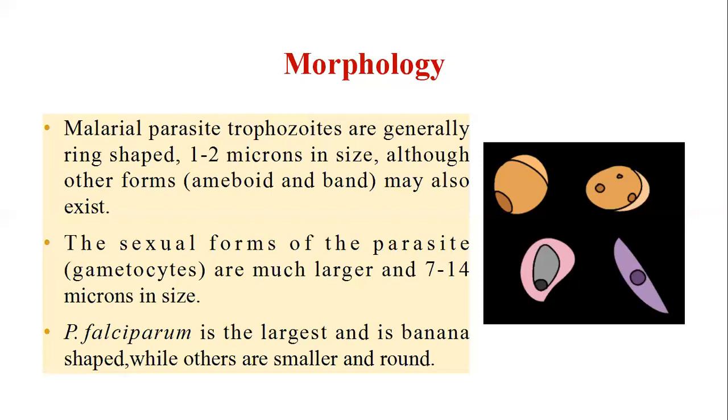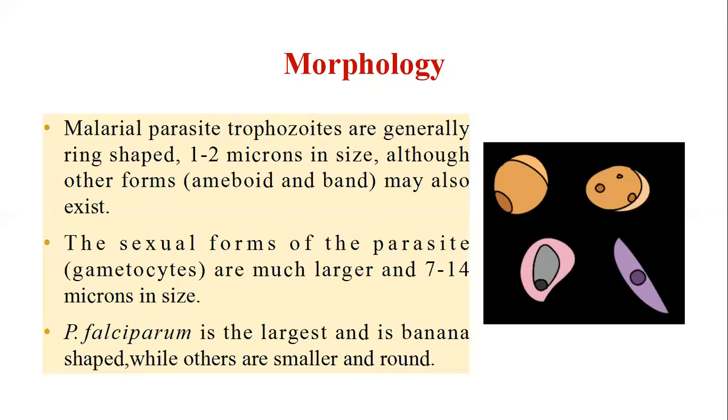that are generally ring-shaped and their size is 1 to 2 micrometer. Mostly found in ring shape, but some other shapes like band-shaped or amoeboid-shaped may also exist.